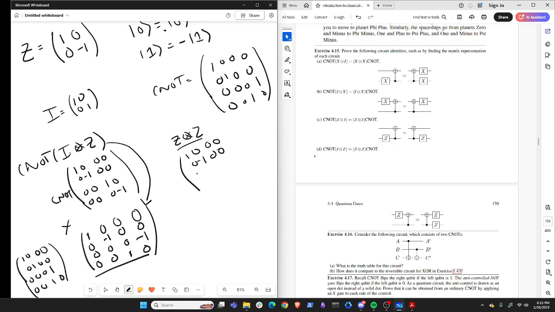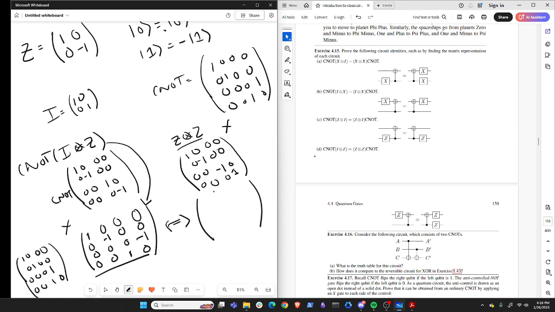Zeros all here, zeros all here, and negative 1, 0, 0, negative, or positive 1, pardon me. Perfect. So we'll multiply these together, and we'll wind up with the exact same thing that we have here.